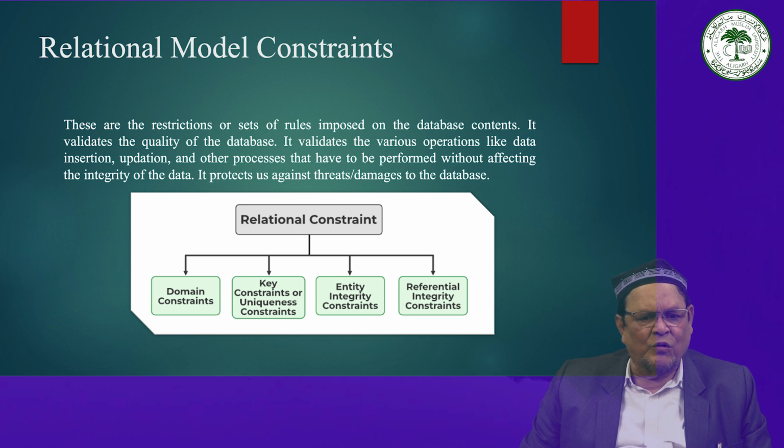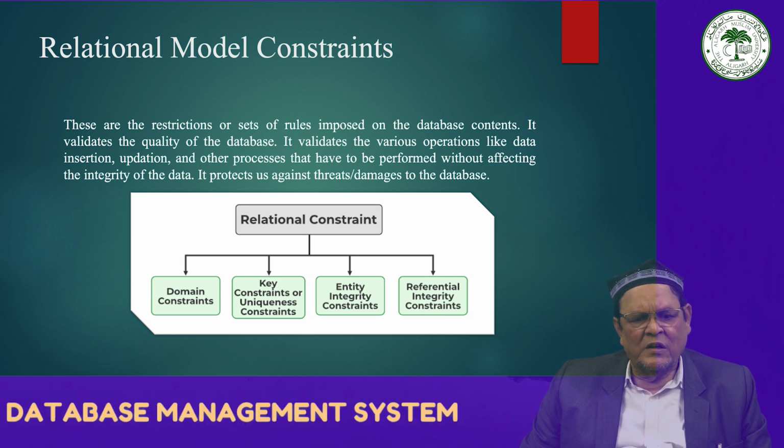It validates the quality of databases. It validates the various operations like data insertion, updation, and other processes that have to be performed without affecting the integrity of the data. It protects us against threats and damage to the database.